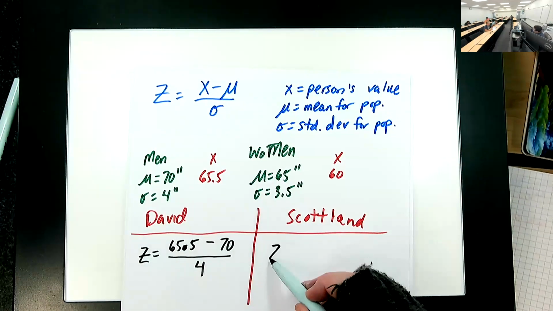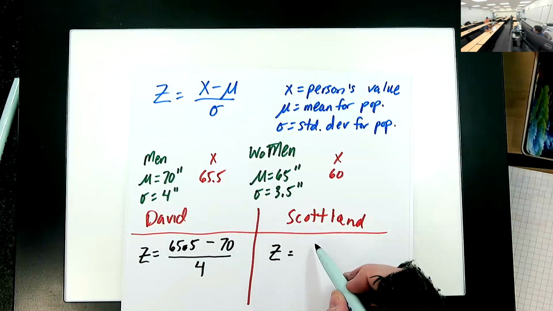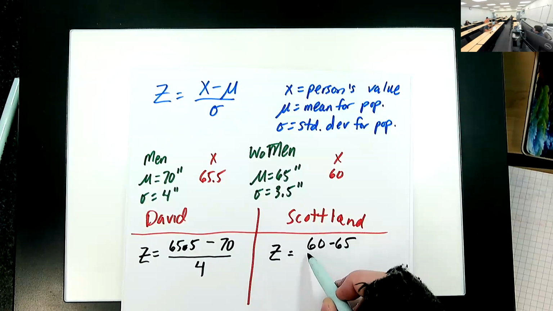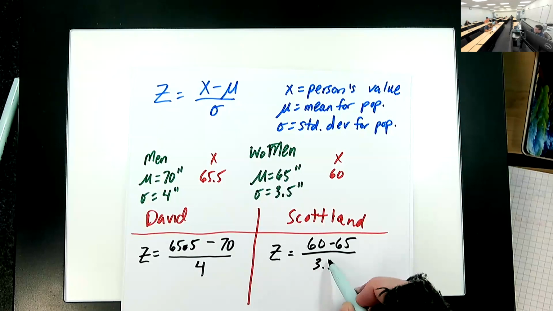And her z-score is 60 minus 65 over 3.5.